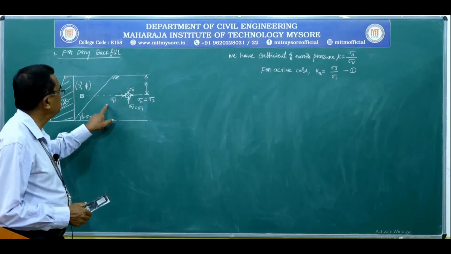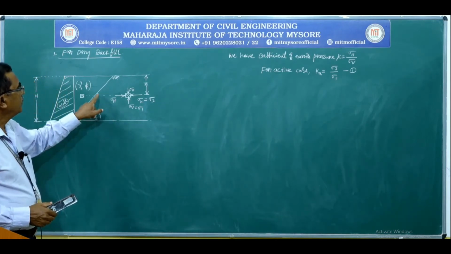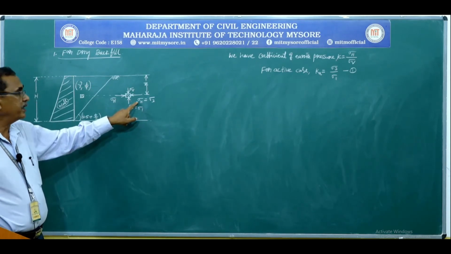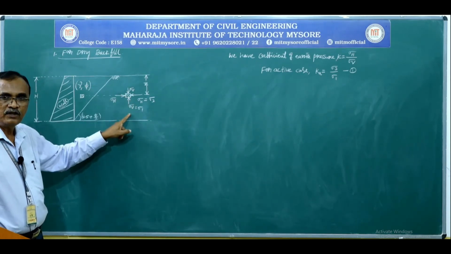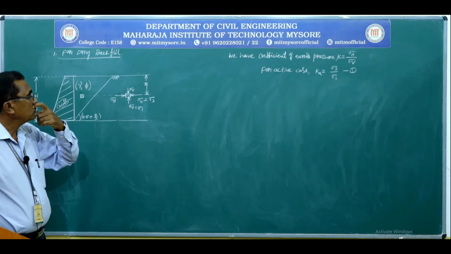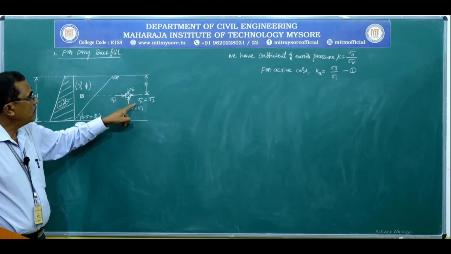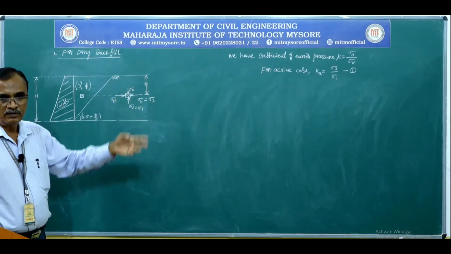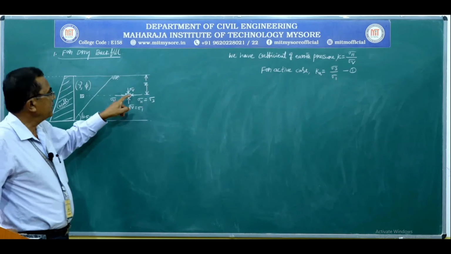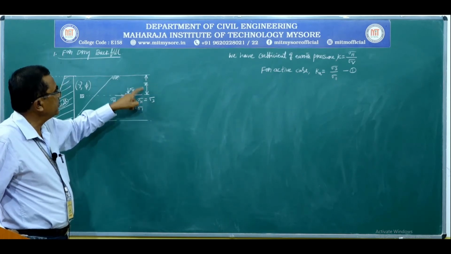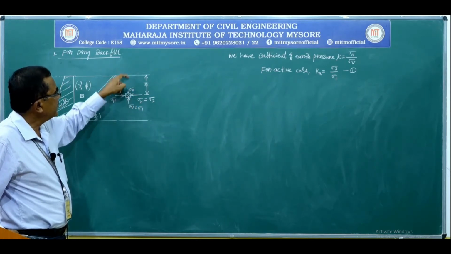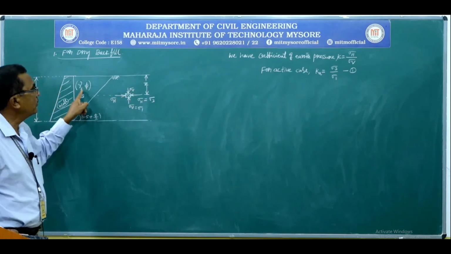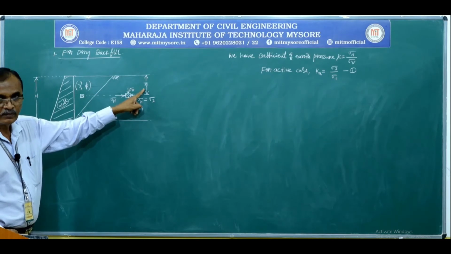Now, sigma h is the horizontal stress component and sigma v is the vertical stress component. Sigma v is the total stress or total pressure at a depth z below the surface, acting in the vertical direction, that is equal to unit weight of soil into the depth.